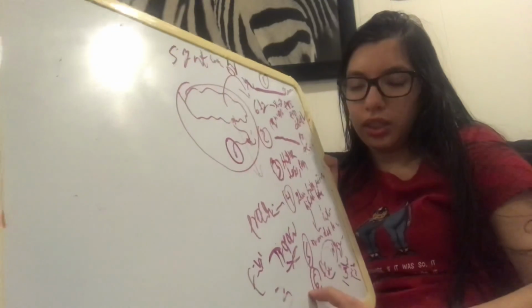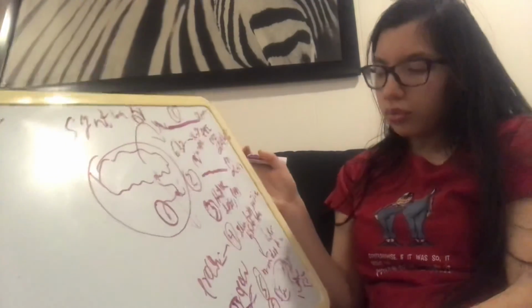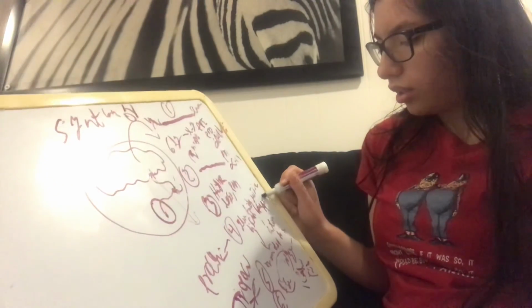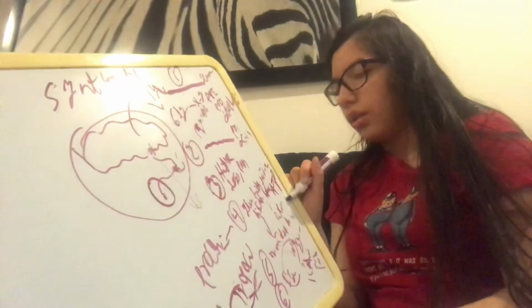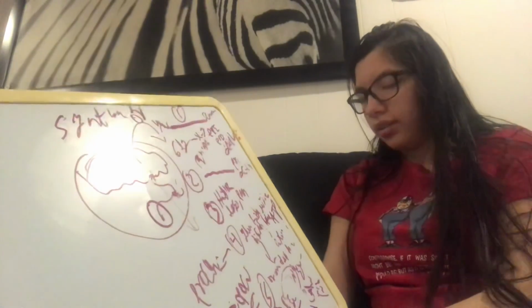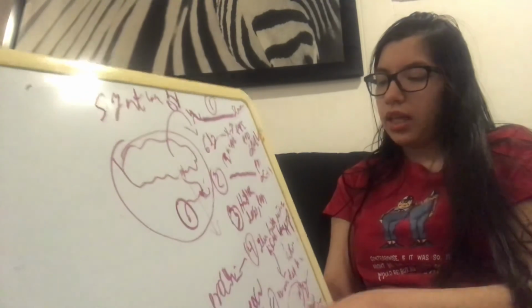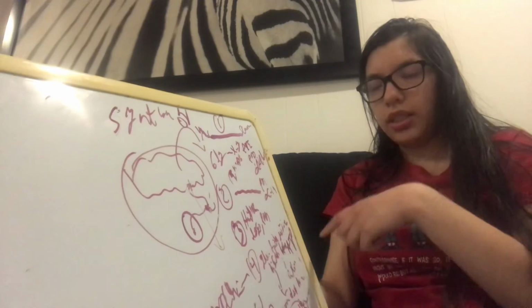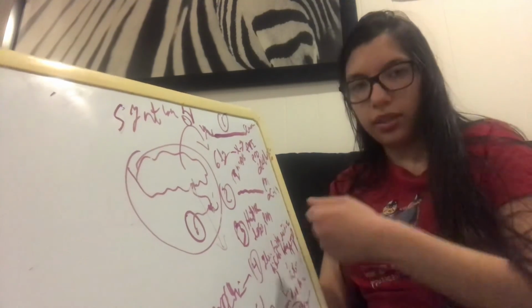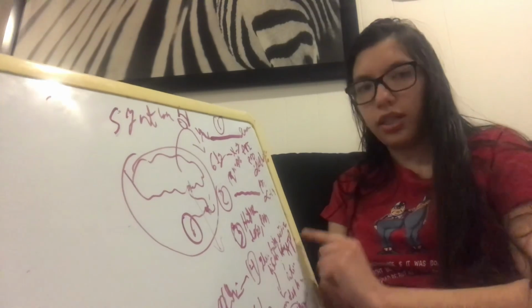And Menkes disease is a mutation on the gene ATP7A. The ATP7B is seen in Wilson disease. ATP7A is Menkes disease.